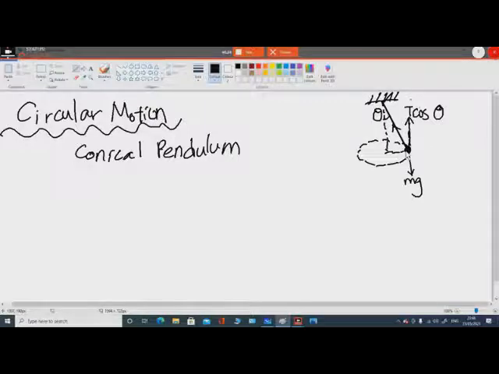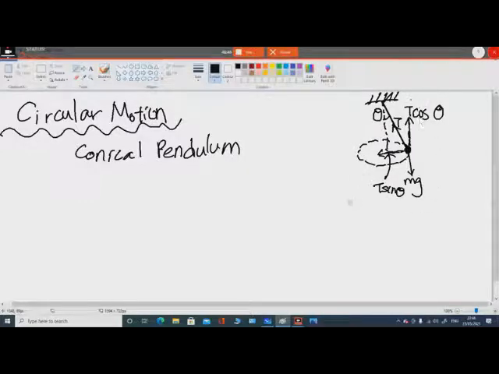So this one will be T cos theta, T sine theta, and this one will be our T. From the diagram, what relation can be concluded?